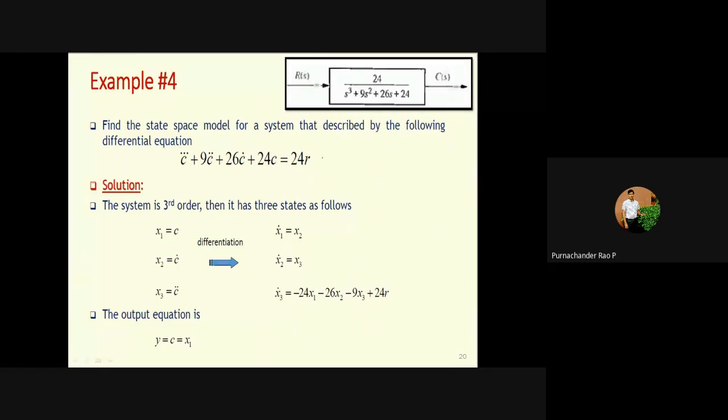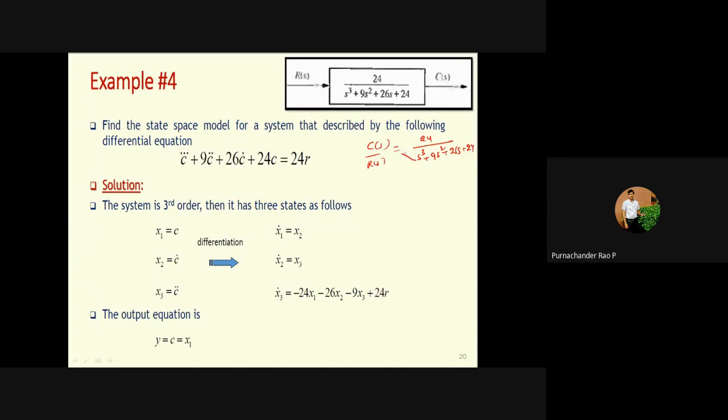Okay, so the system is given to you. The input is R of s, output is C of s, and the transfer function is 24 divided by s cube plus 9s square plus 26s plus 24. So C of s by R of s is equal to 24 divided by s cube plus 9s square plus 26s plus 24.